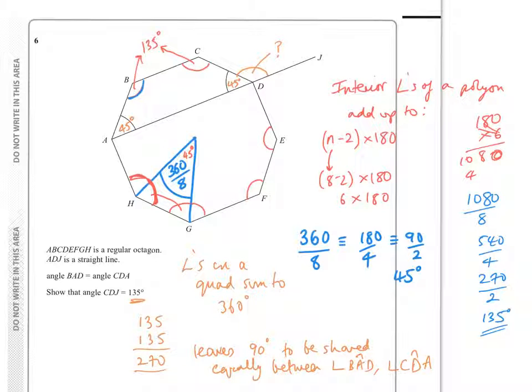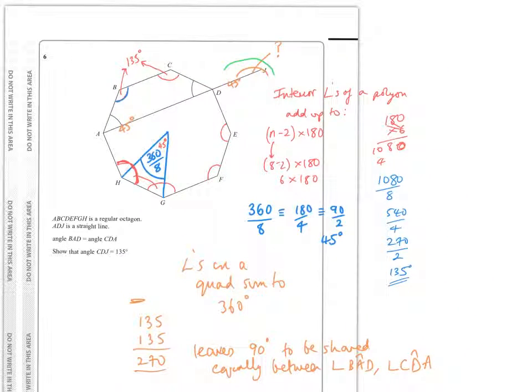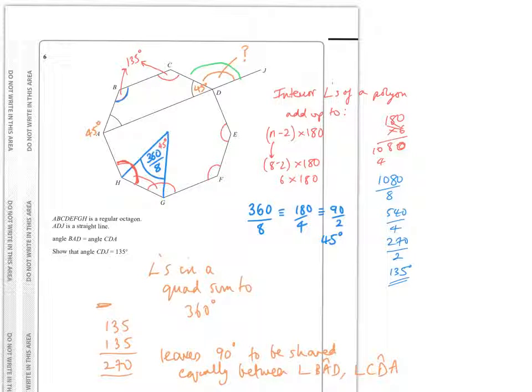And then, yes, we can see now what the angle here is going to be, because we know that angles on a straight line add up to 180. And so we can just write our last little bit of explanation here.